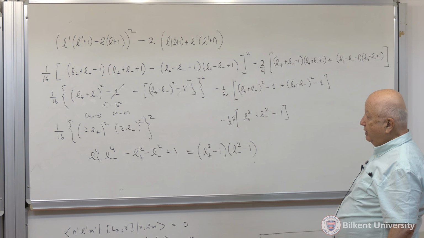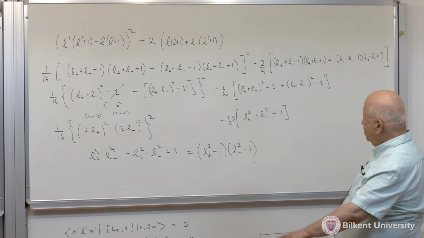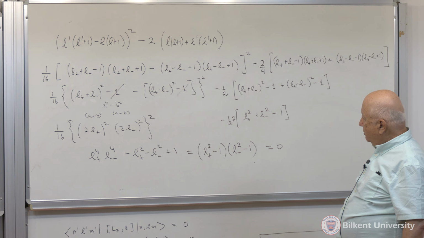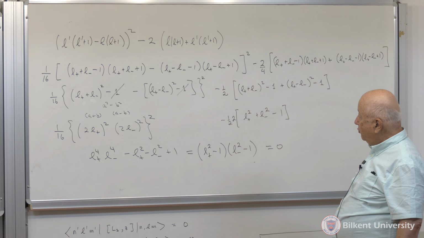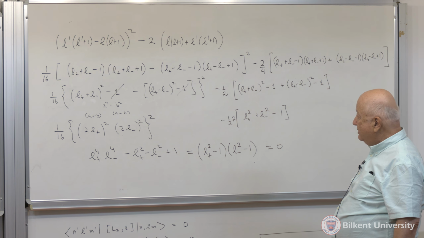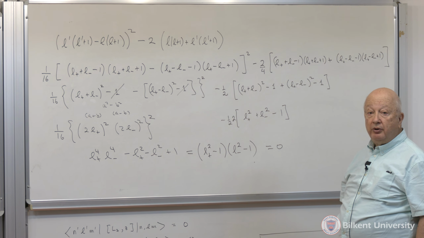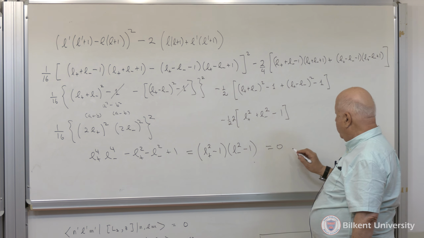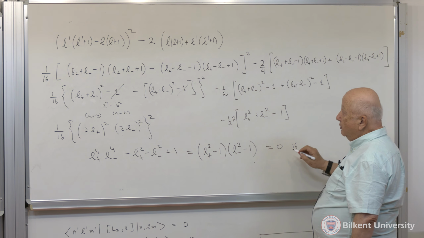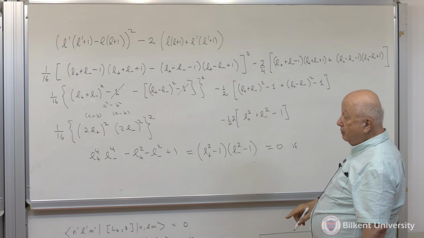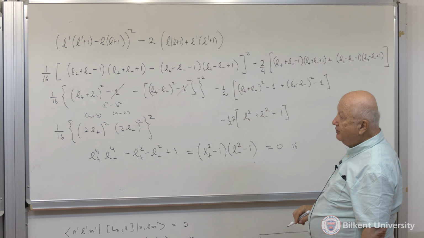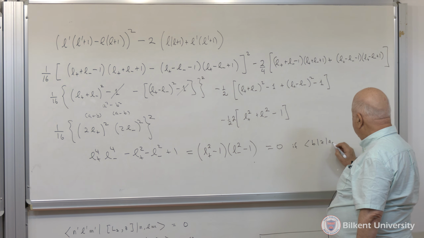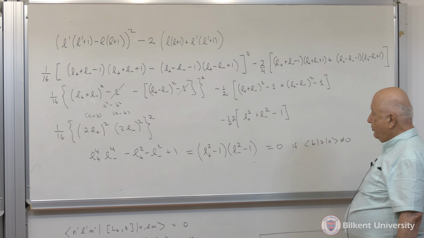So what does this say? This says this has to be equal to 0. So I need to have at least one of these things equal to 0. Yeah, the matrix element is not equal to 0.